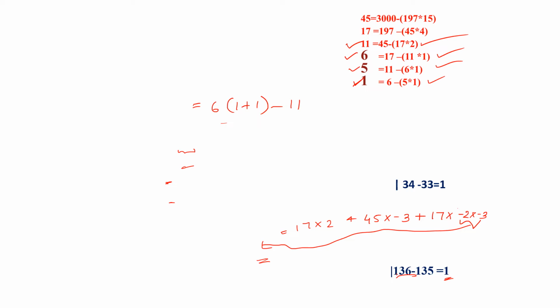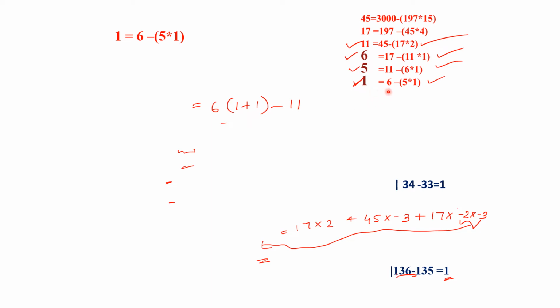Now we are going to build the corresponding linear combination. We have to start with the last step. 1 is equal to 6 minus 5 into 1. So we start writing the linear combination with the last GCD step.